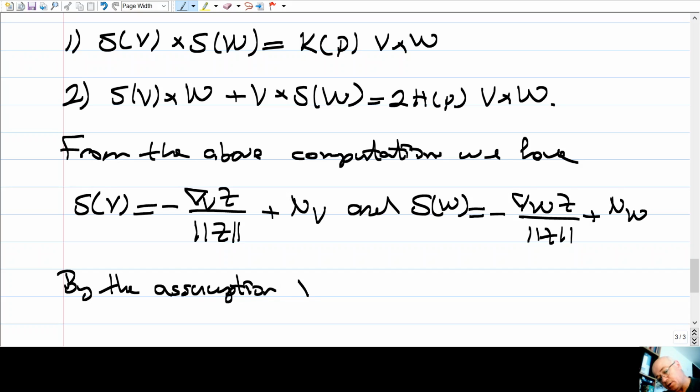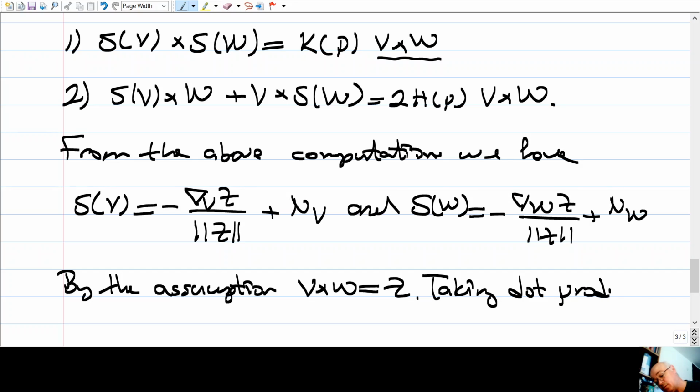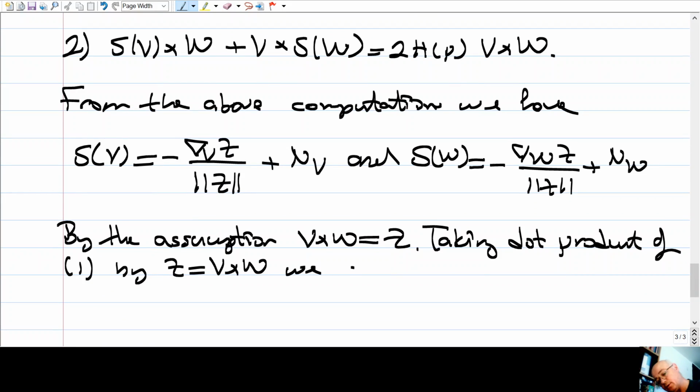By the assumption, V cross W is equal to Z. So this vector here is just Z. Taking the dot product, inner product of equation 1 by Z, which is V cross W, we get what?